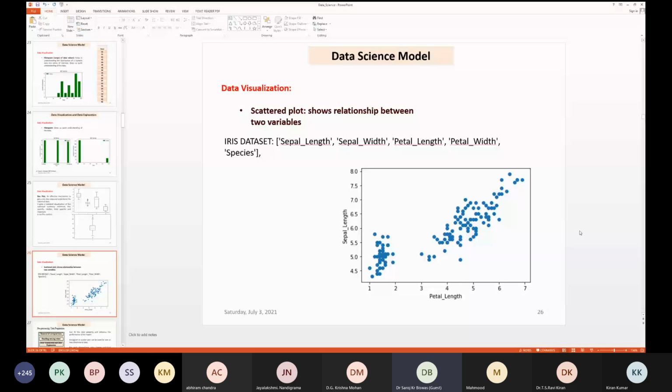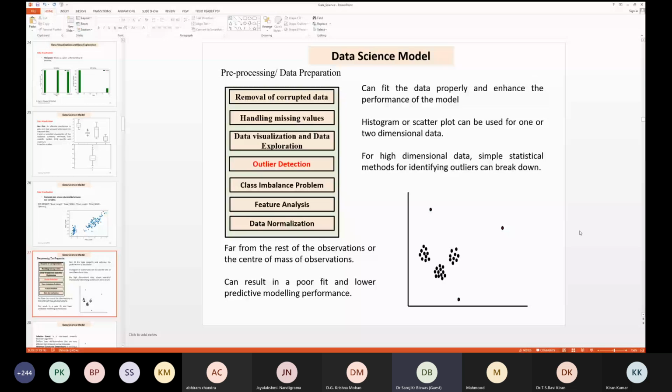Fine. So first of all, we need to understand what outliers are. Outliers are far from the rest of the observations or the center of the mass of the observations. If we have certain observations which are very far from the center of the mass, or most of the observations of the problem space, then we can say those observations are outliers. Here you can see one example. These are the patterns or observations.